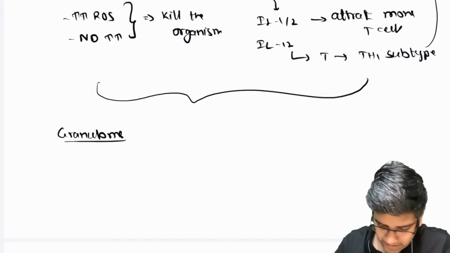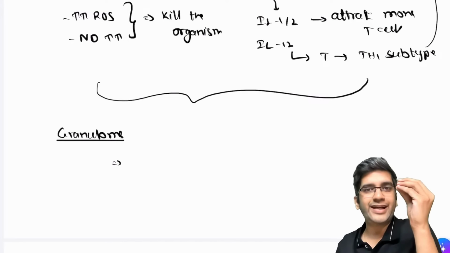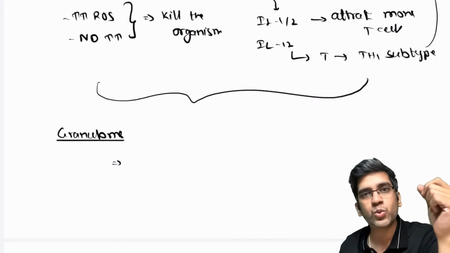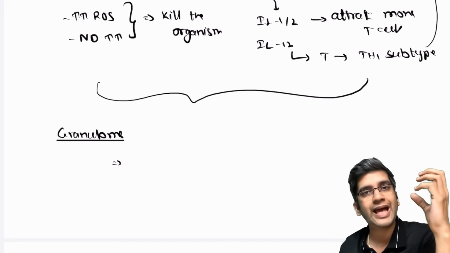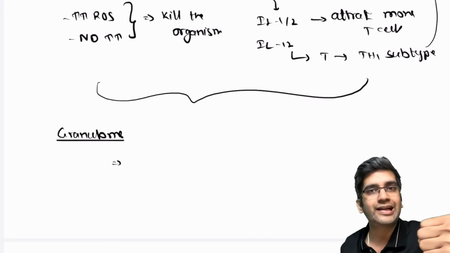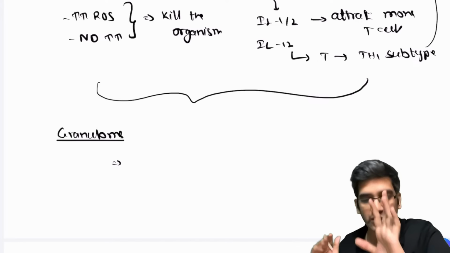Granuloma is defined as a tiny structure with lots and lots of epithelioid cells, which are loaded with reactive species, and giant cells, which are nothing but a combination of epithelioid cells trying to kill the offending agent. That's what granuloma is, right?